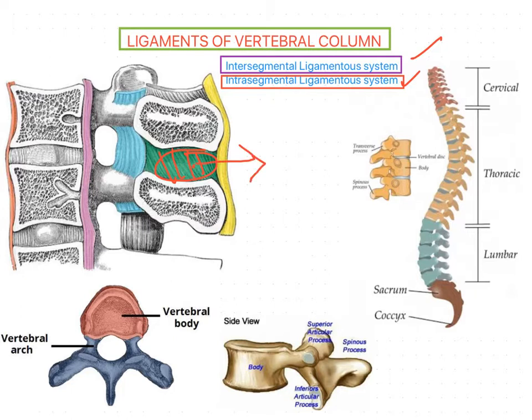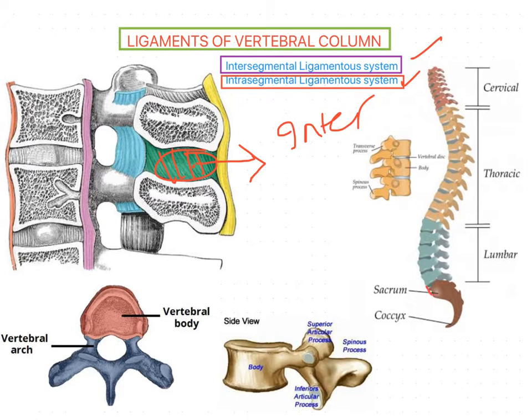If you look at the intersegmental system, inter means in between. So the ligaments present in the intersegmental system bind a number of vertebrae into a single unit.